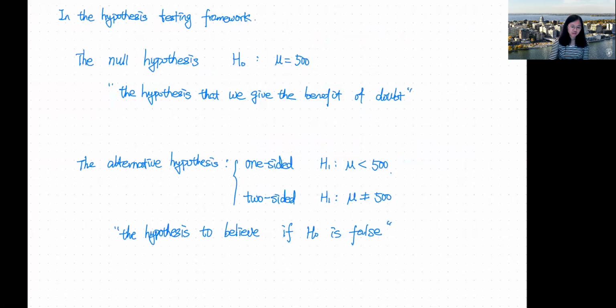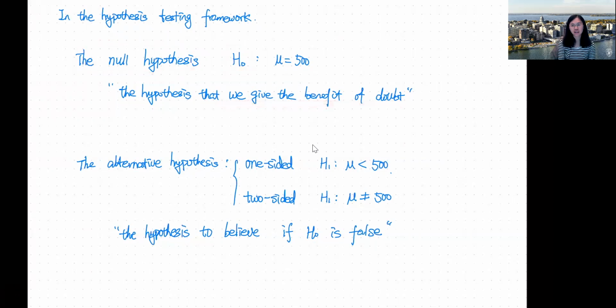So in the formal hypothesis testing framework, we want to first define hypotheses because we're testing hypotheses. There are two kinds of hypotheses. The null hypothesis, which is denoted capital H sub 0, is the hypothesis that we give the benefit of doubt.